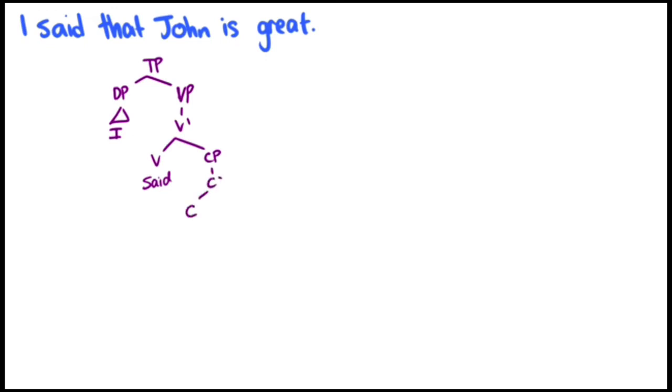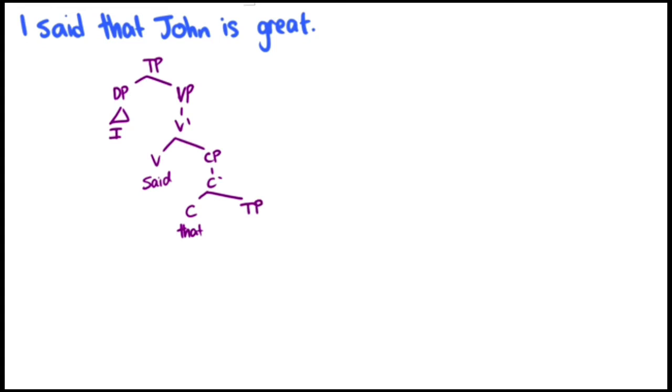And we have C, which is our complementizer, "that." So "that" is the head of the complement phrase, and all CPs will take TPs as their complements. Then we just have the same structure that we have at the top.